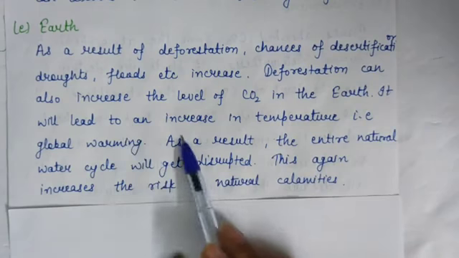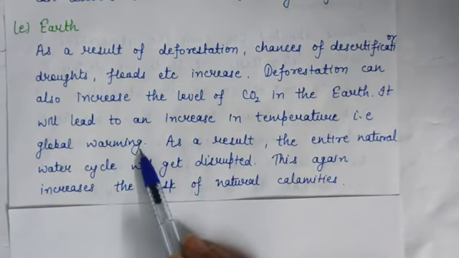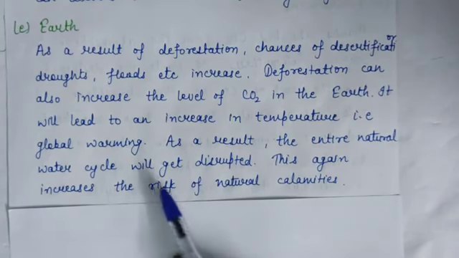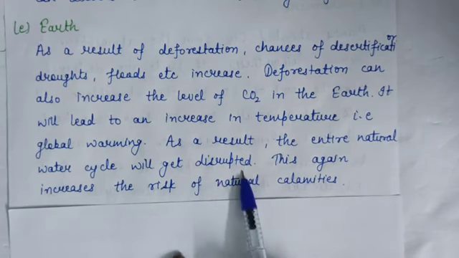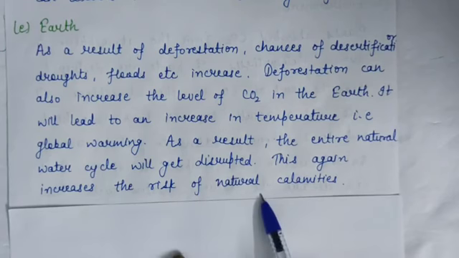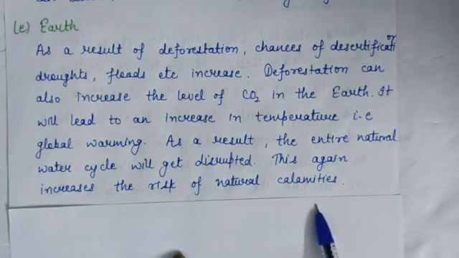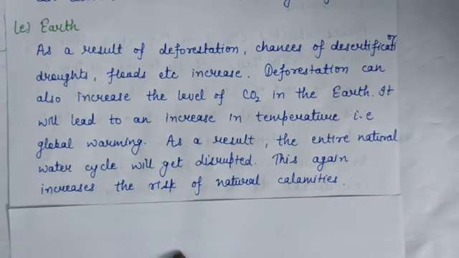It will lead to an increase in temperature, means it will cause global warming, and as a result the entire natural water cycle will get disturbed or disrupted. This again increases the risk of natural calamities. So deforestation has a bad effect on the earth.